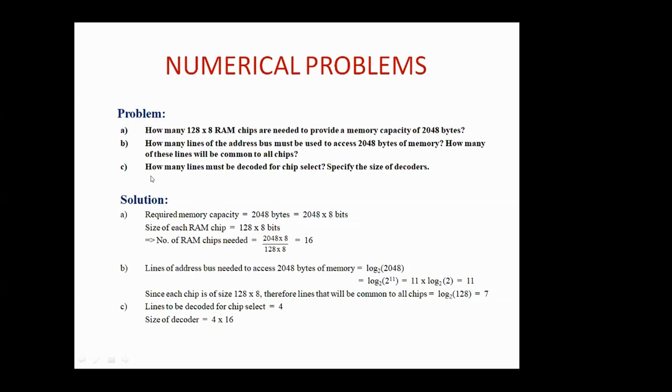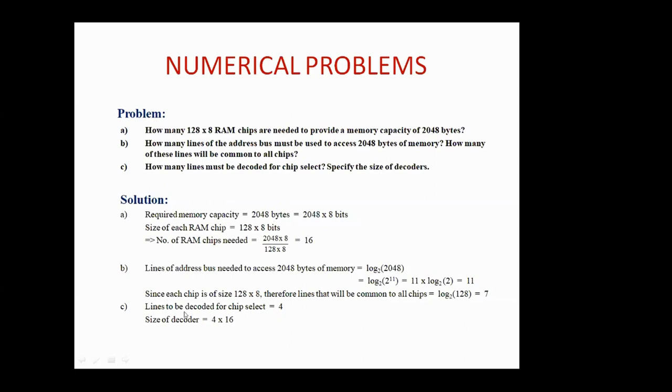So let us see this part C. How many lines must be decoded for chip select? Specify the size of decoders. So for selecting the chip, how many lines do we need? We need 4 lines because we have 16 chips.